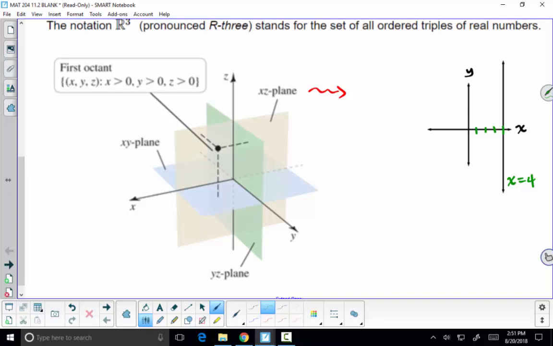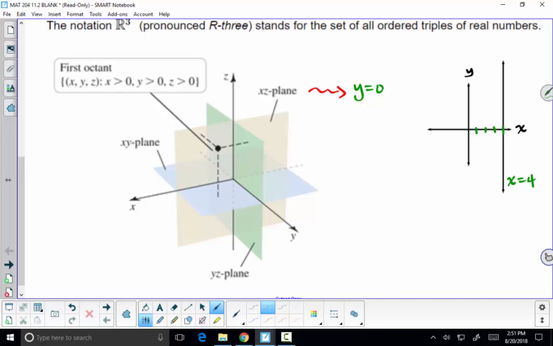Back over here, there's no restriction on the x's and the z's. X can be anything in this direction, z can be anything in this direction, but the y value has to be 0. So this equation is y equals 0, and again you need to know whether you're in R1, R2, or R3. In R1, that's just a dot at 0 on the y-axis.